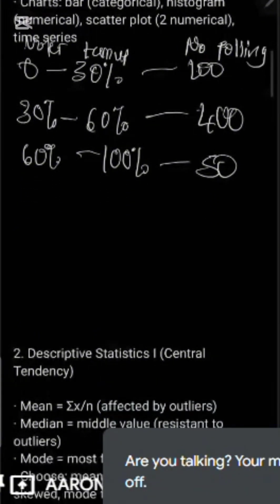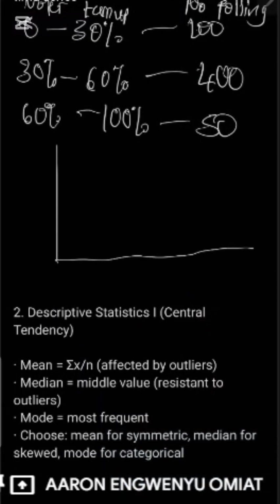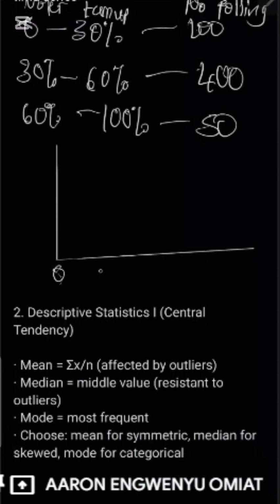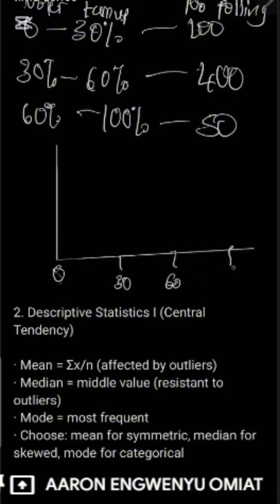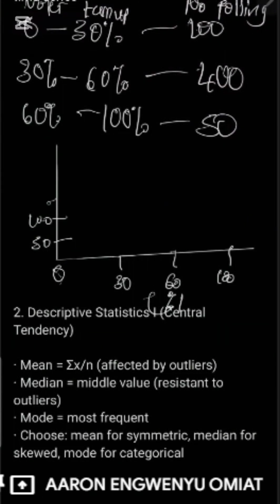So if we wanted to plot this data, the appropriate chart would be a histogram. So we'd have here our 0, maybe our 30, our 60, and 100. All these are percentages. Then we have our scale, 50, 100, 150, like that, and here we have 400.